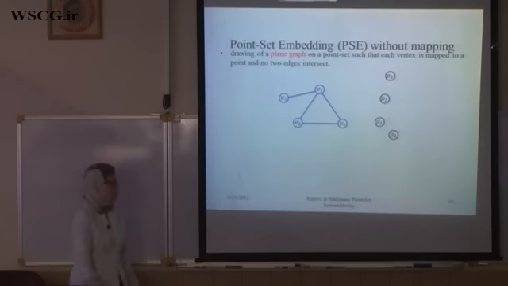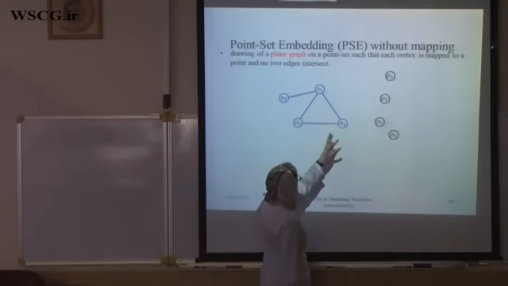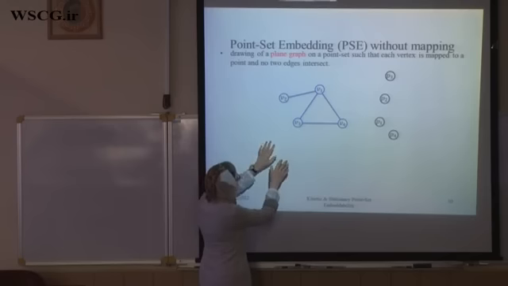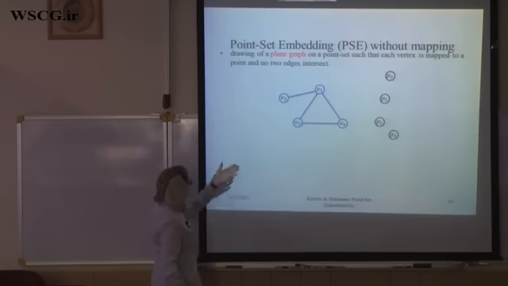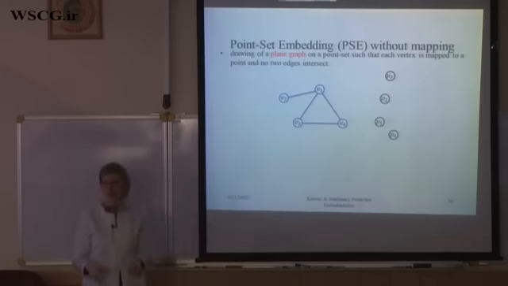So here's the idea. You have a set of points, P1, P2, P3, P4 in the plane, and you have a graph, a topologically embedded graph in the plane. So it's a planar graph. I don't imagine that V1, V2, V3, V4 are at fixed locations.